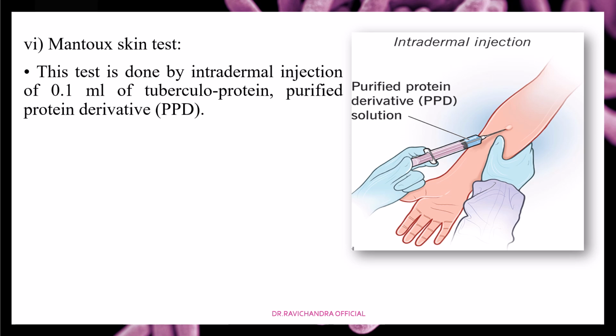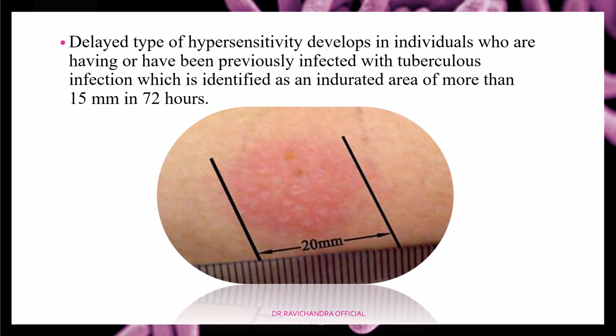Mantoux skin test. This is an intradermal injection of 0.1 ml of tuberculoprotein, which is a purified protein derivative, also called PPD. Delayed type of hypersensitivity develops in individuals who are having or have been previously infected with the tuberculosis infection, which is identified as an indurated area of more than 15 mm in 72 hours.